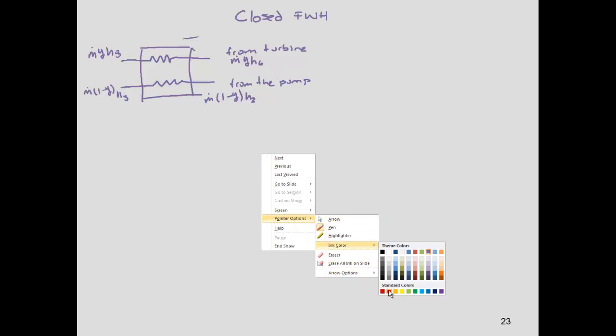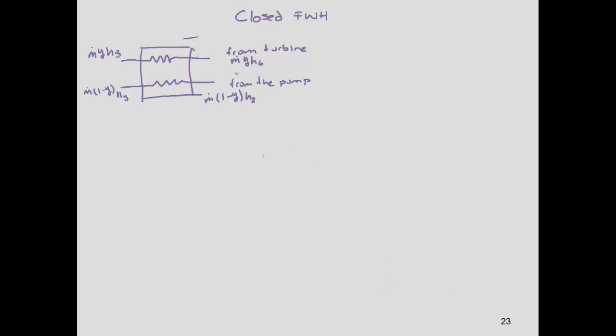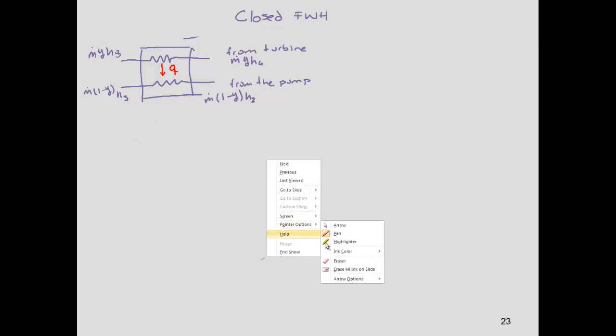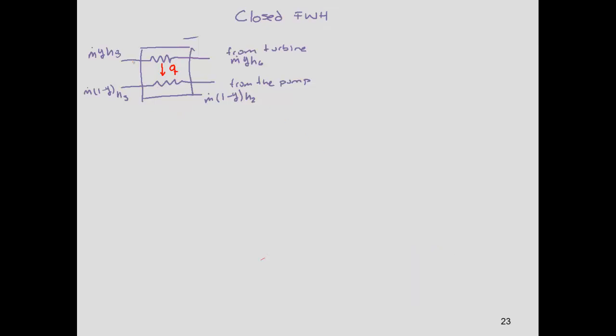Now we have two main differences here, and I'm going to point this out with red: heat transfer occurs inside the heater. The thing is that ideally we will need a delta T here in order to maintain this heat transfer.